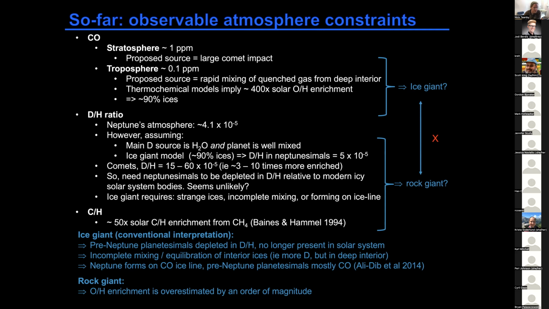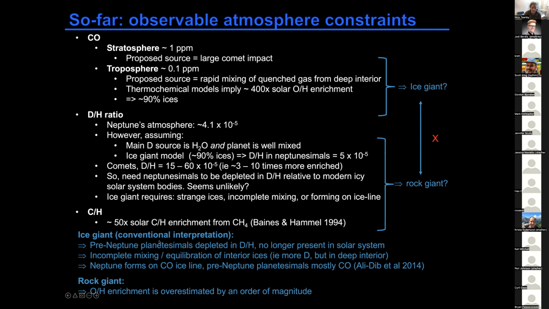So maybe the ices are not totally equilibrated in Neptune's interior. Or we need some odd formation scenario, like forming Neptune on the CO ice line, for example, which would be another way to get lots of CO into the deep atmosphere.